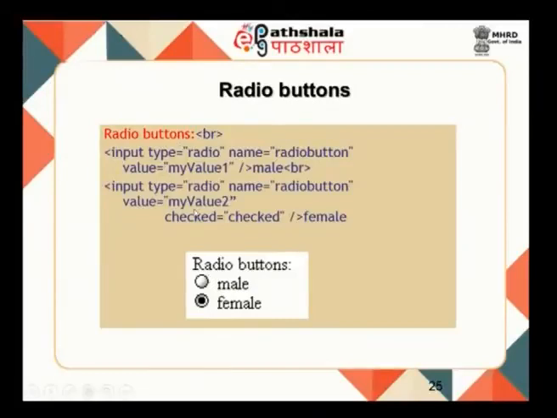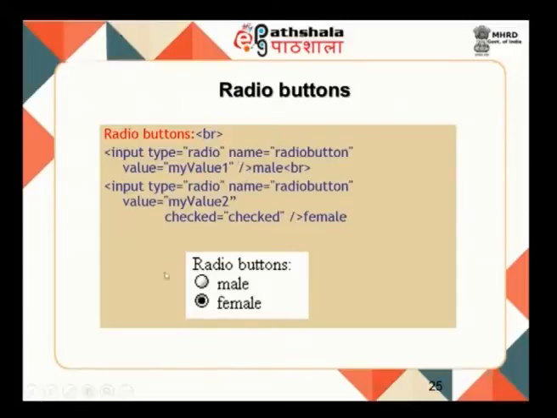Now, how to create radio buttons? Using the same input tag, type equal to radio. If you specify type equal to radio, a radio button is actually created. The name for the button is given, the value is my value 1, and you can see that this my value 1 does not appear here.